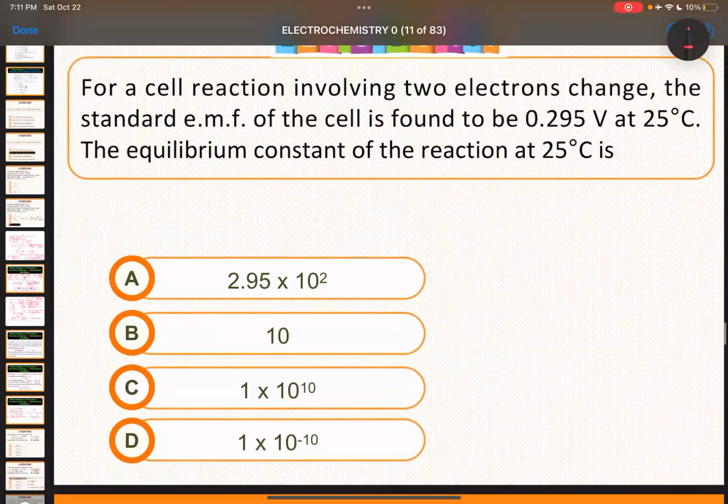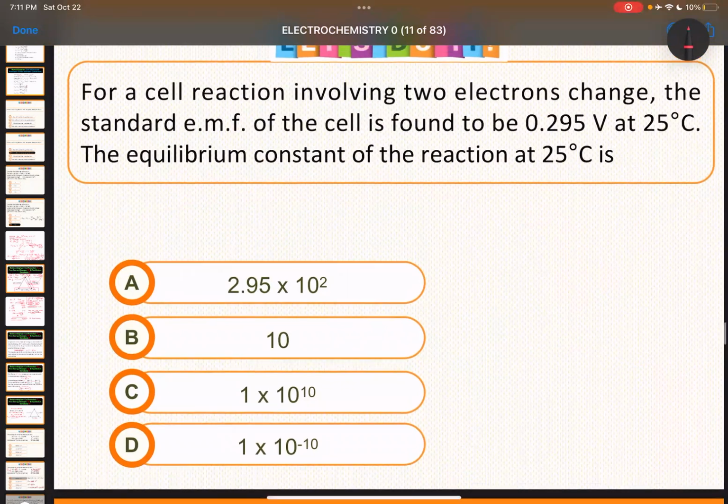So let's do another question. Cell reaction involving 2 electron change. Yeah, n is 2, they have given you. Standard EMF of the cell, EMF also they have given. In the above question, cathode and anode were given, so EMF was not given.